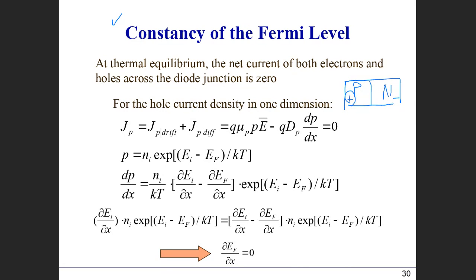And in the n side you have lots of electrons as the mobile charge. Now, because of the concentration difference, initially holes move to the n side and electrons move to the p side. This movement is by the concentration difference, and we call this diffusion.